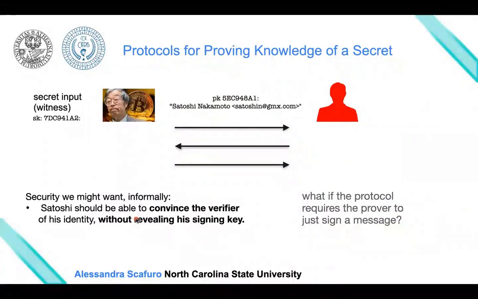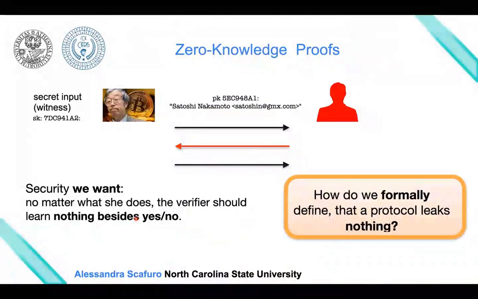So we don't want that, right? Our goal here is to have a stronger security. We want that the verifier learns nothing besides yes or no. So we want to say a protocol for proving knowledge of a secret is secure, so it's zero knowledge, if the verifier learns nothing besides being convinced that the prover has the secret that he's claiming, okay?